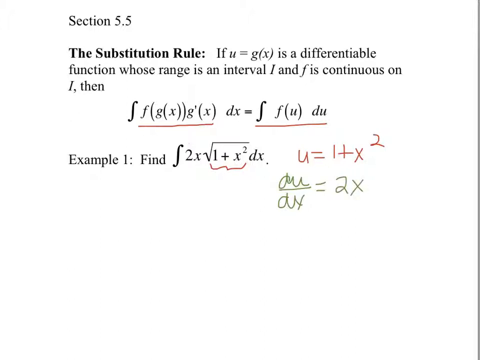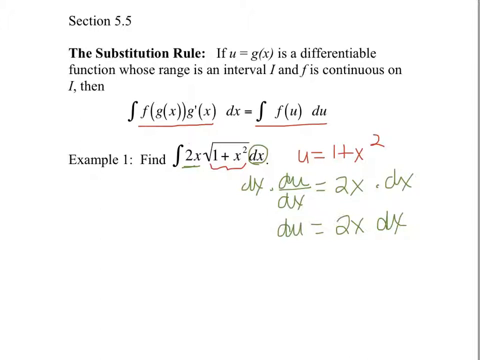If you notice, that is this 2x right here. But I also have a dx, and I need it because I'm going to do substitution, so I want to substitute something in for the 2x and the dx. If I multiply this by dx, and I multiply this by dx, I get du equals 2x dx.